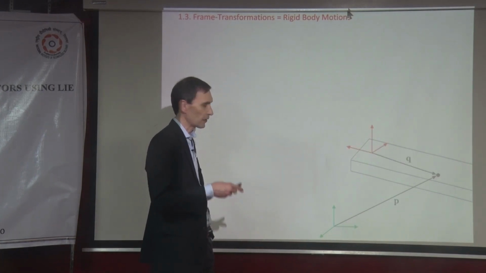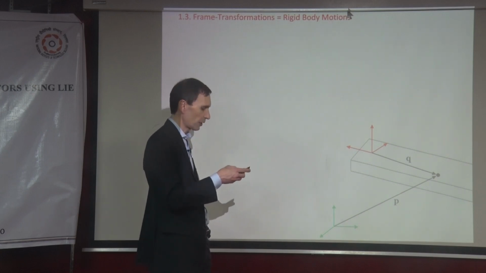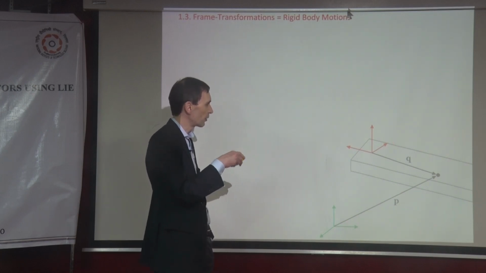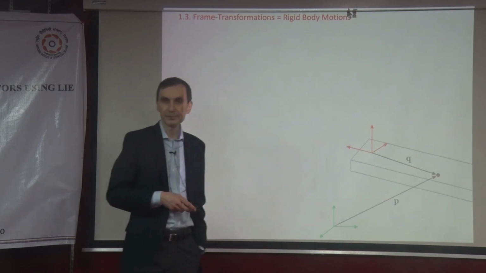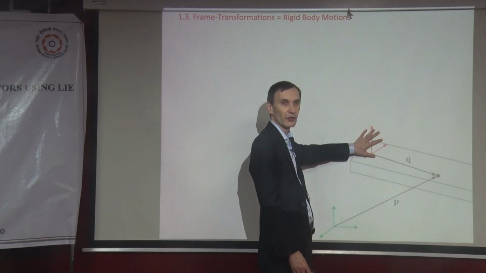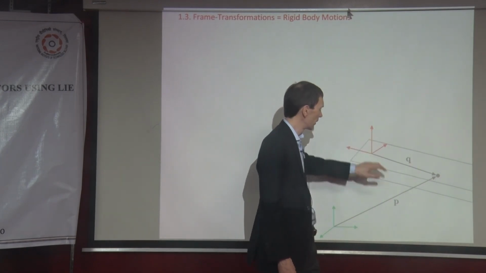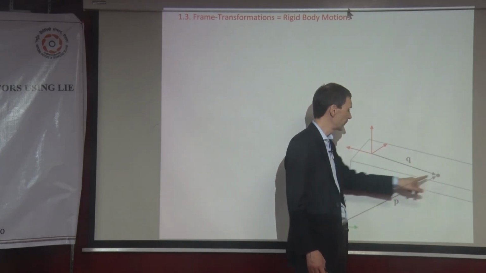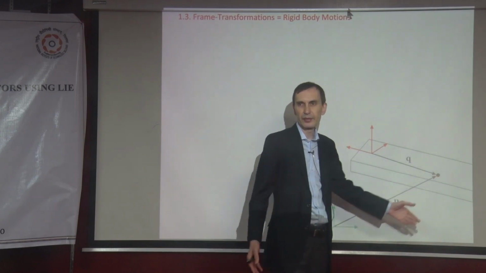As I was saying, a rigid body is uniquely described by a body-fixed frame. The whole thing is rigid, with a frame on it, so I know exactly at any time, relative to the red frame, where this point is located.